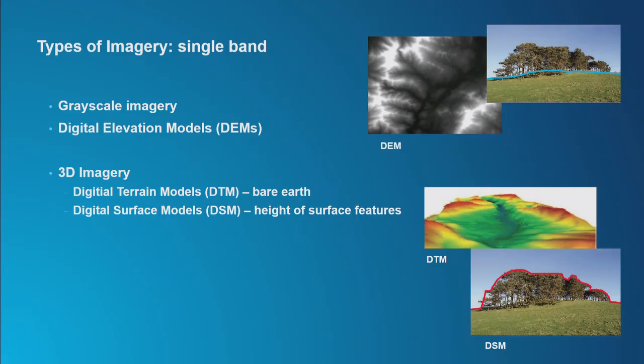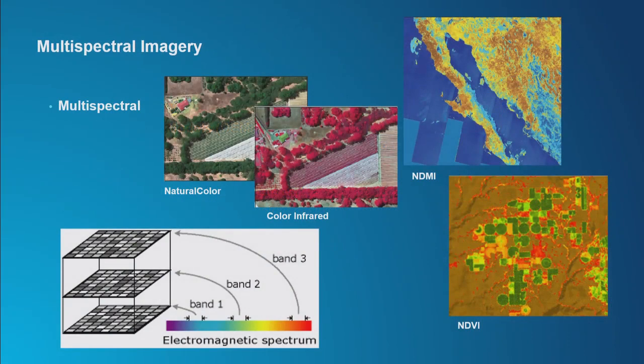And we want to keep that in mind because these terms, they are floating around everywhere. In terms of multispectral imagery, we have the vast amount of natural color imagery, like aerial photography, that most of you guys probably have used before.